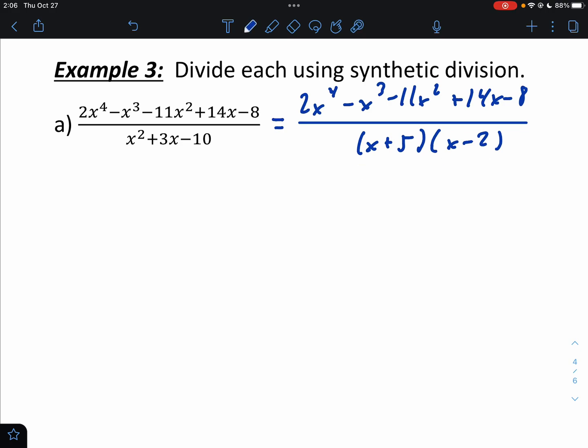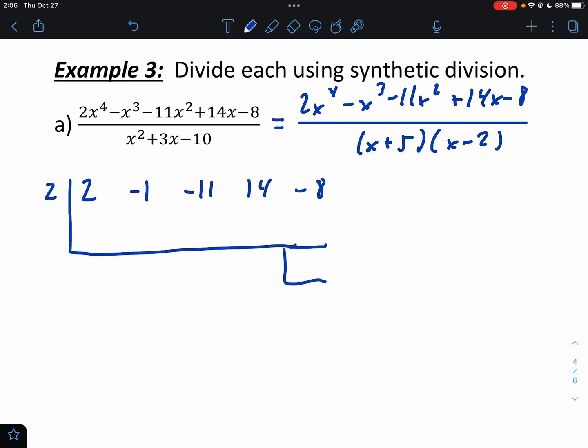It doesn't matter which one you start with. We can start with negative 5 or positive 2. I'm going to start with positive 2. So bring down the 2. Multiply and add, multiply and add, multiply and add, multiply and add. And our remainder is 0.